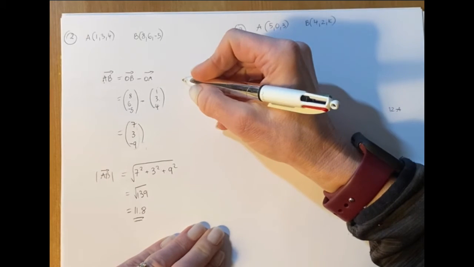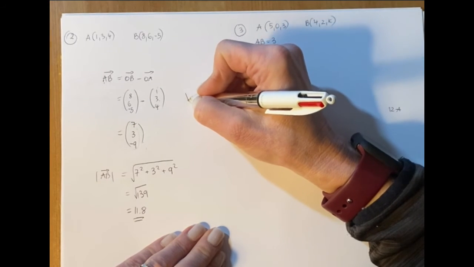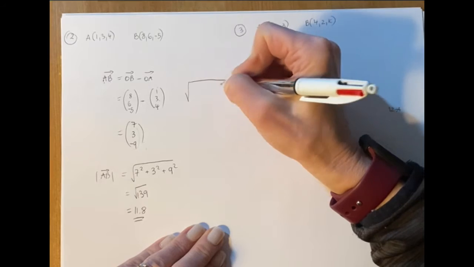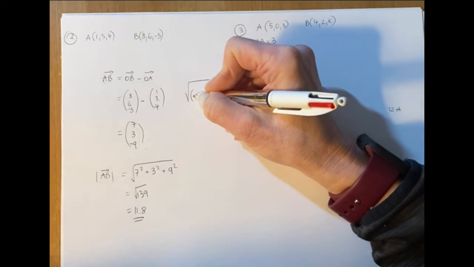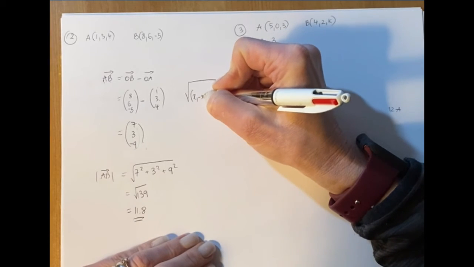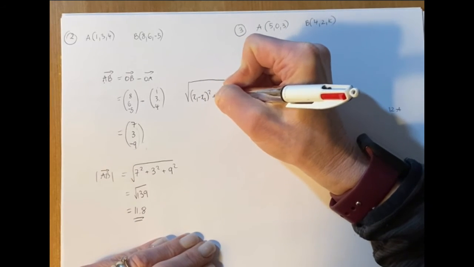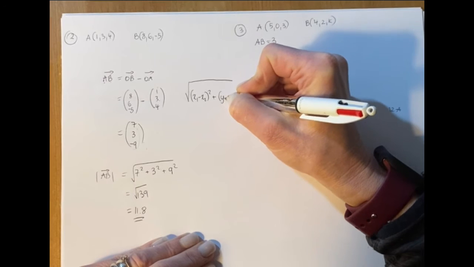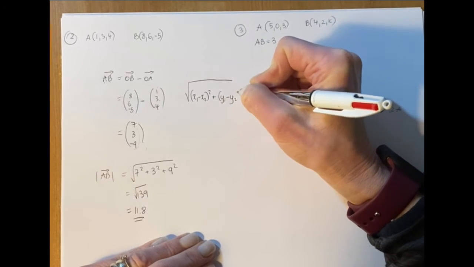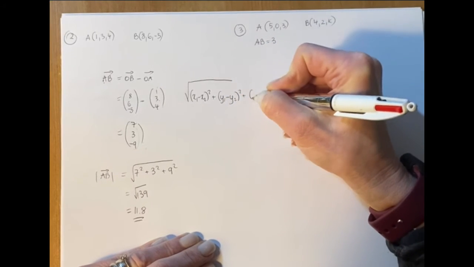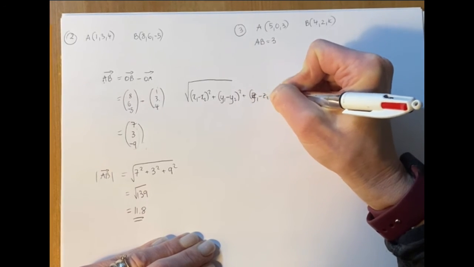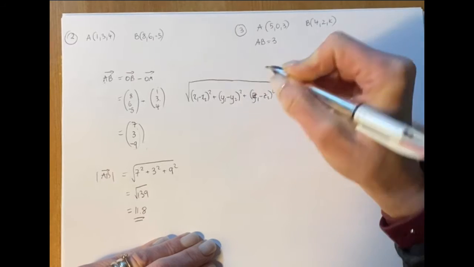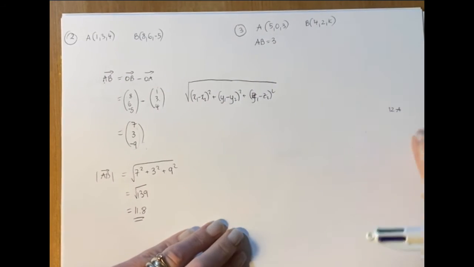In more general form, you simply are going to find the distance between 2 points by taking the difference between their coordinates and squaring these results, adding them together and square rooting them. There you go. So that's what you need to do.